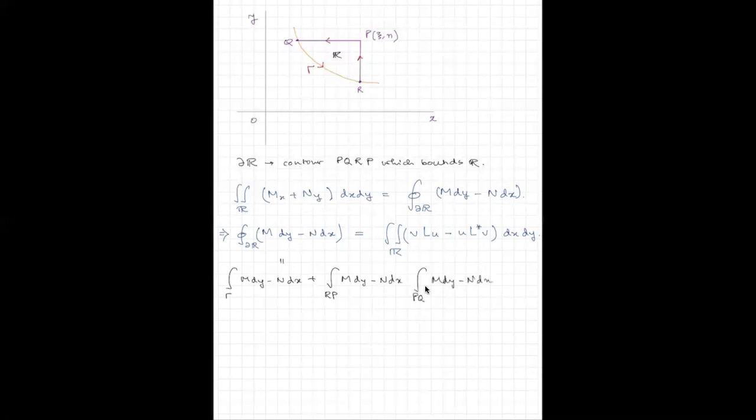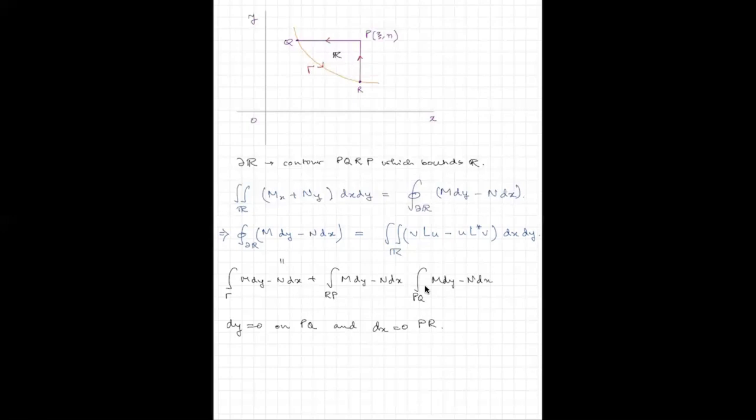Now, dy is equal to 0 on PQ and dx is equal to 0 on PR.